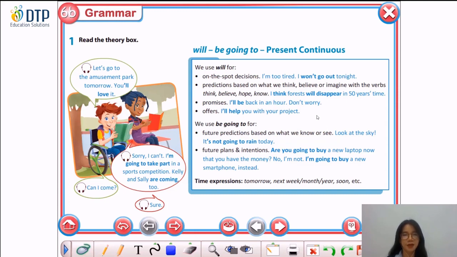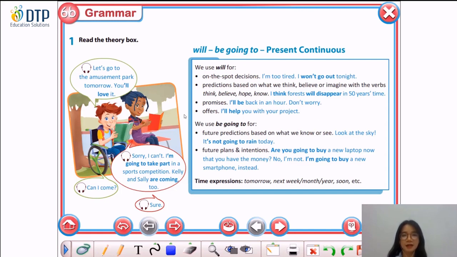Bên cạnh đó, be going to sẽ dùng để diễn tả một kế hoạch hoặc một dự định trong tương lai. And remember, we will use will or be going to with time expressions like tomorrow, next week, next month, next year, soon, or other future time expressions.